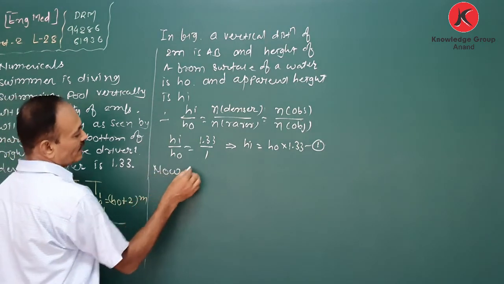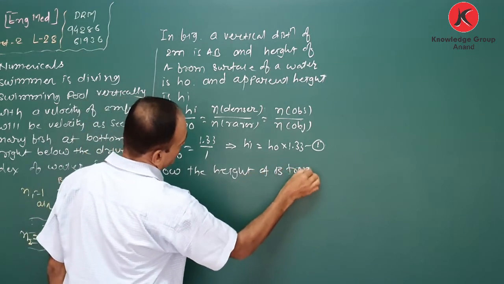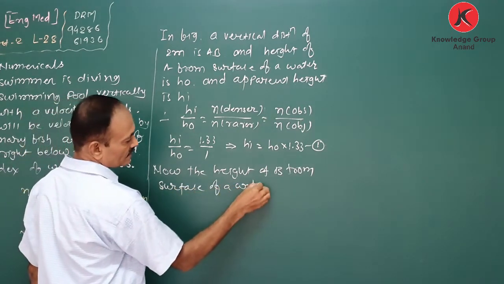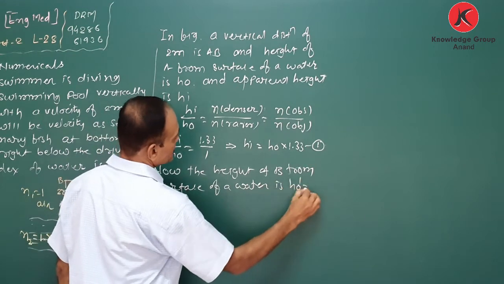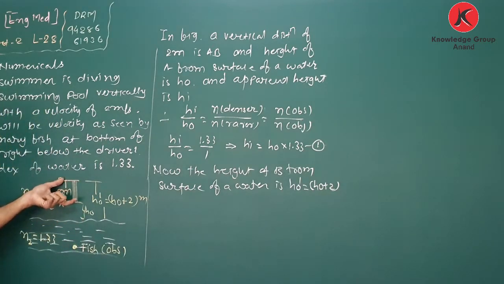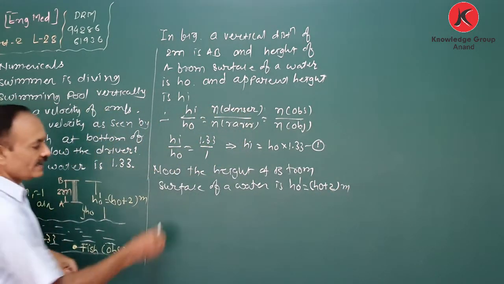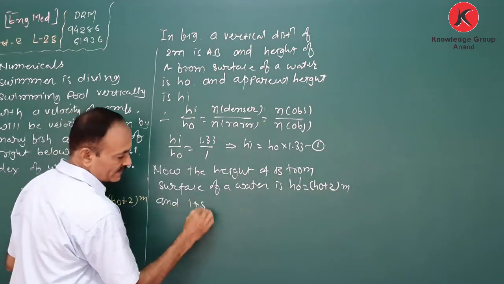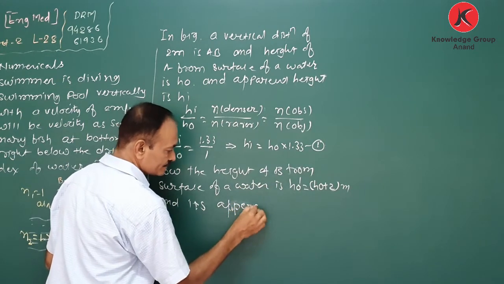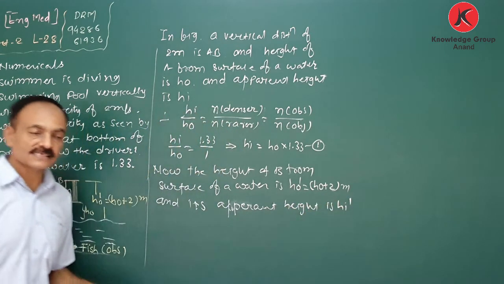Now, the height of B from the surface of the water is HO' is equal to HO plus 2 meters. That is HO plus the distance between A and B, the height from the surface of the water, and its apparent height is HI dash.